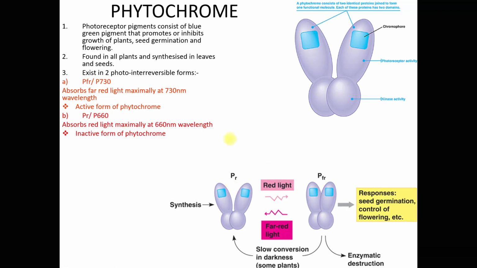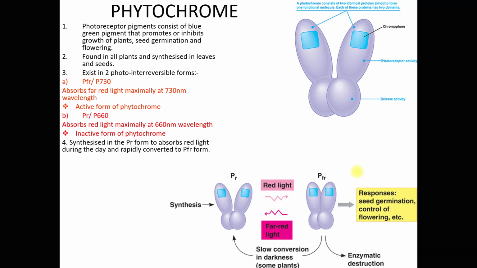It depends on the type of plants as well as the concentration of this PR or PFR, which eventually will trigger the secretion or release of florigen, which in turn will trigger flowering in that particular plant. We are going into that later.